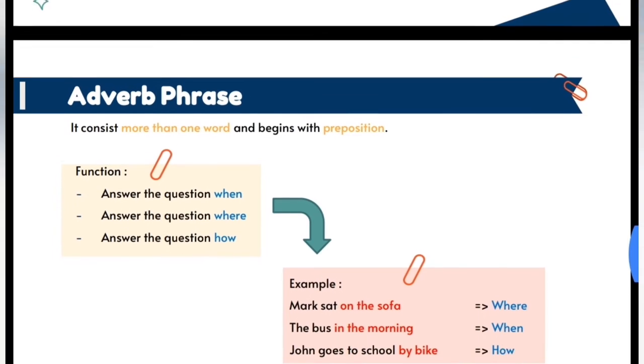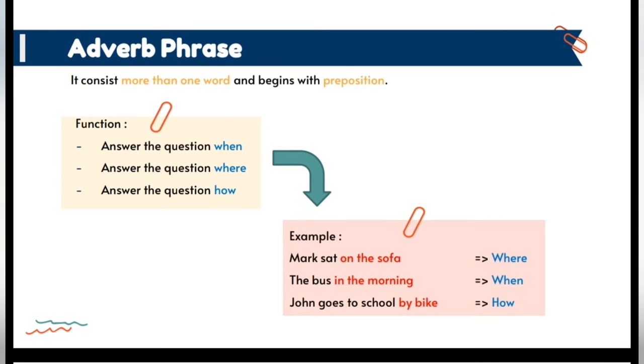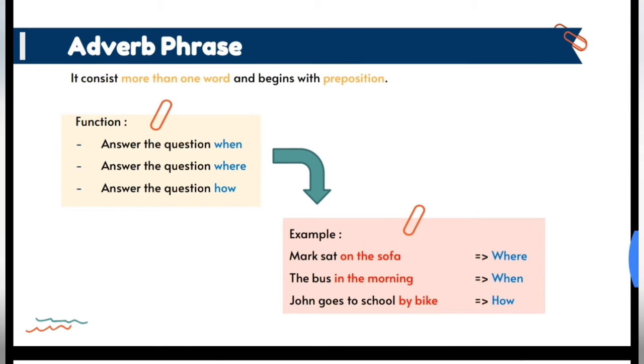Next, adverb phrase. It consists of more than one word and begins with a preposition. Function: answer the question when, where, or how. For example, "Mark sat on the sofa."